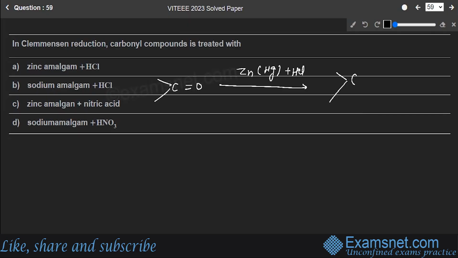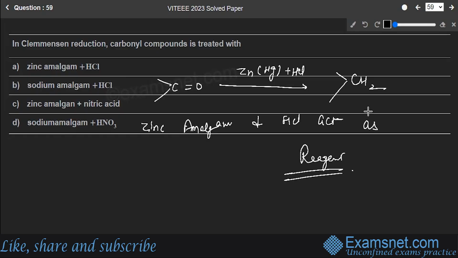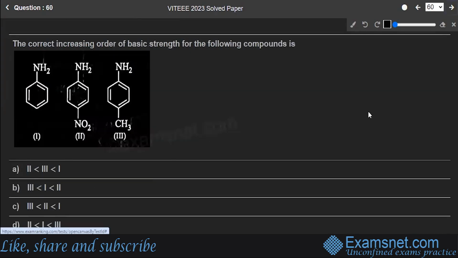It will give me CH2. Zinc amalgam and HCl act as reagent in this reaction. So the first option is the correct answer to the question.